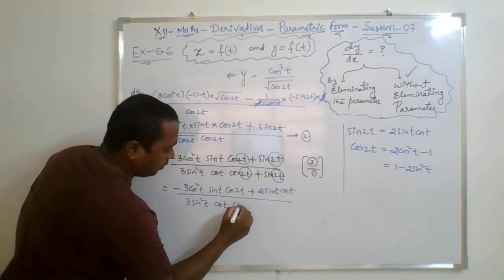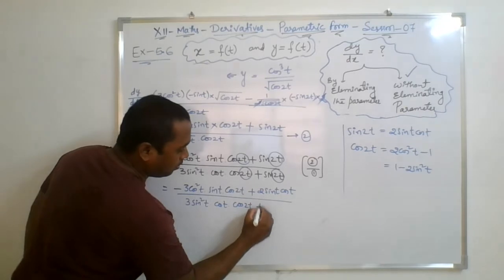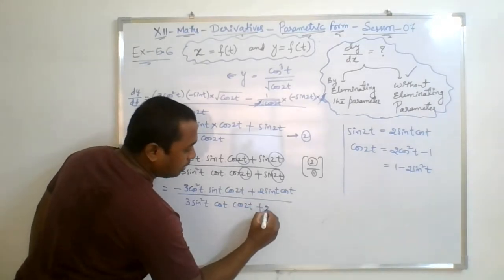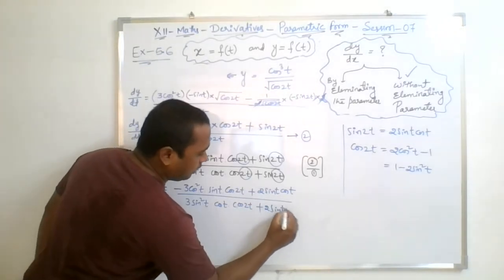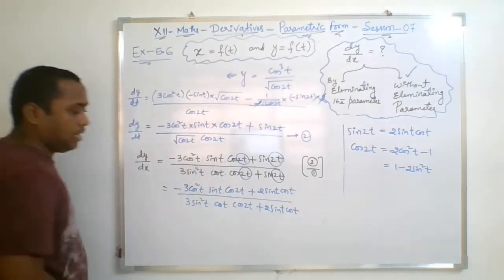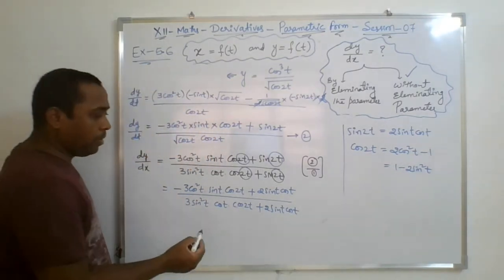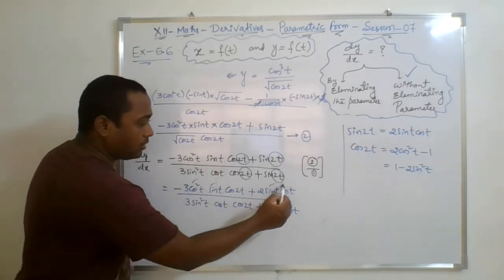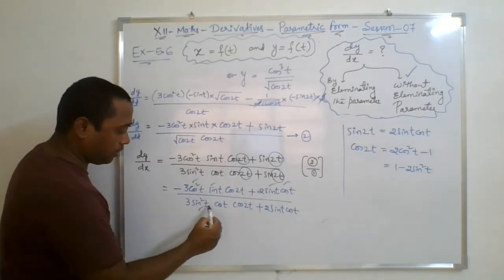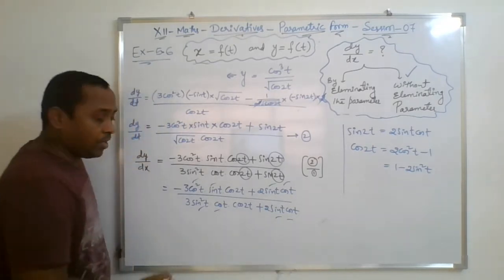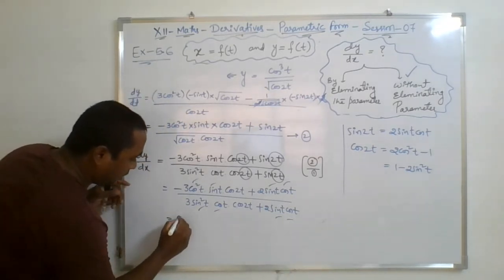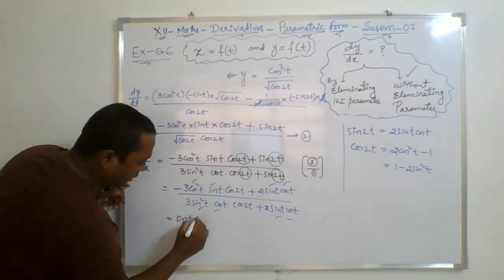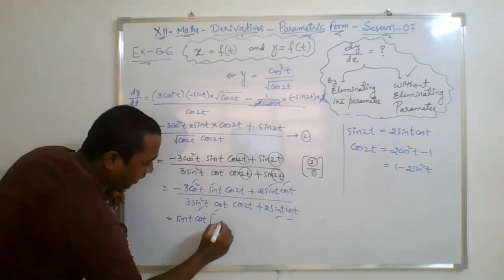After writing this, I will be able to take sine t cos t as a common factor here also, here also. So I would take sine t into cos t as a common factor.